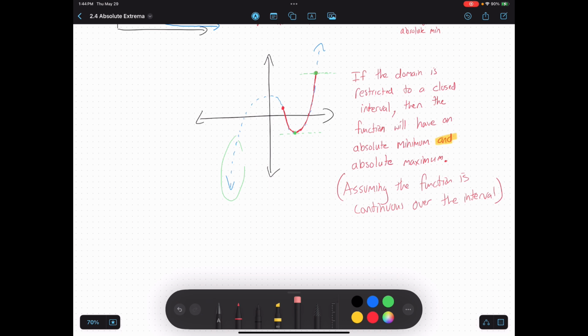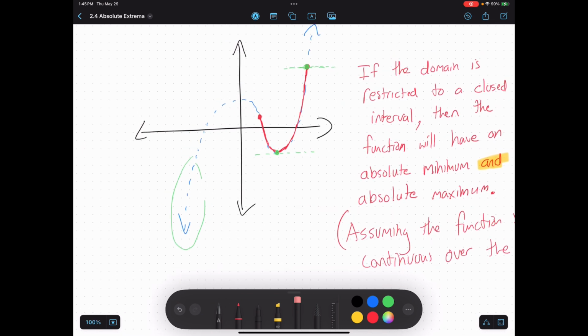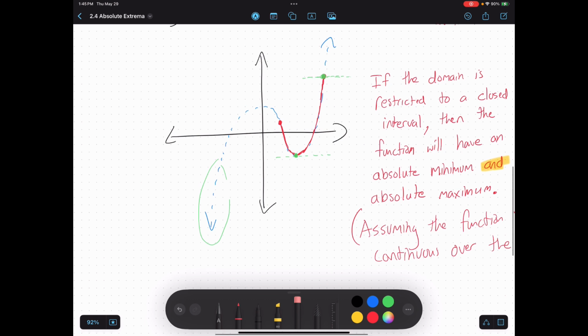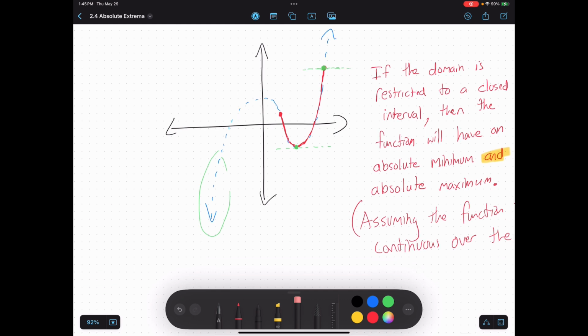So if I'm guaranteed to have an absolute minimum and an absolute maximum, the next question is, where do I find those? Well, we can look at my example here to get an idea of where we should look. Where did we find the absolute maximum? The absolute maximum occurred at one of the endpoints. Where did we find the absolute minimum?